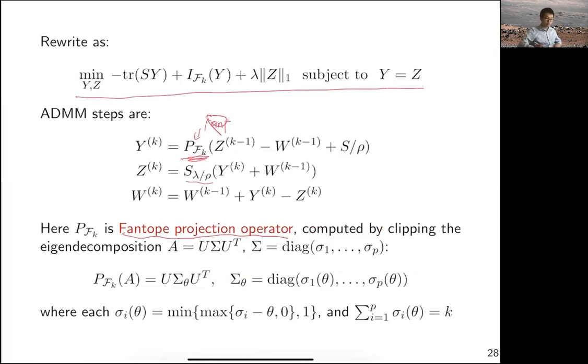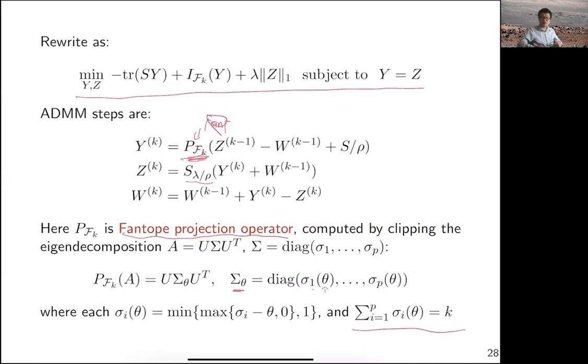The cute observation here is that the Fantope projection can actually be solved with a single run of singular value decomposition. You basically do SVD, and then you temper with the eigenvalues by applying this operator that depends on this variable theta, which simply clips in a way such that there exists some theta parameter such that this becomes true.